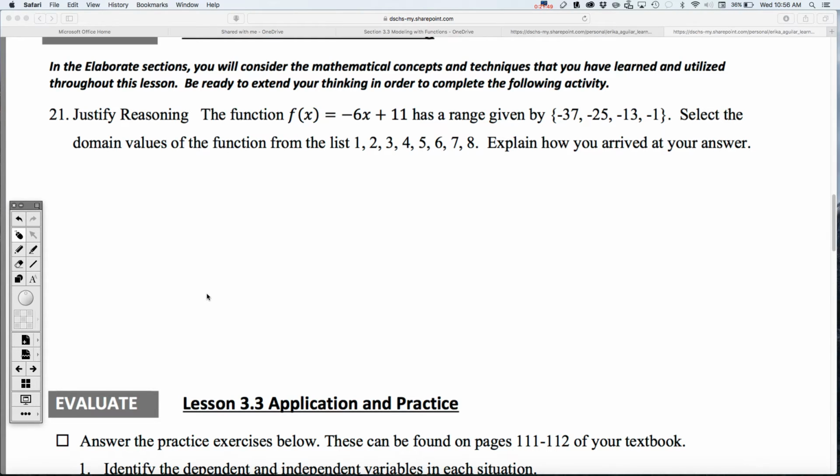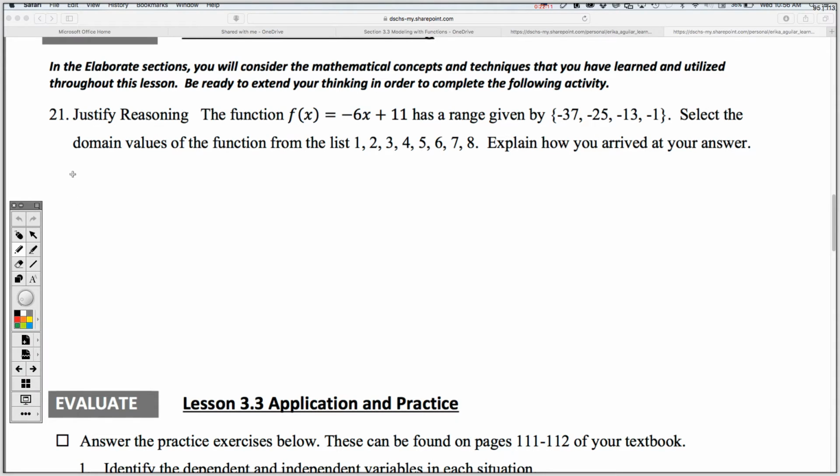Justify reasoning. The function f of x equals negative 6x plus 11. This has a range given by negative 37, negative 25, negative 13, and negative 1. Select the domain values of the function from the list 1, 2, 3, 4, 5, 6, 7, 8. Explain how you arrived at your answer. So you're going to make an XY table.